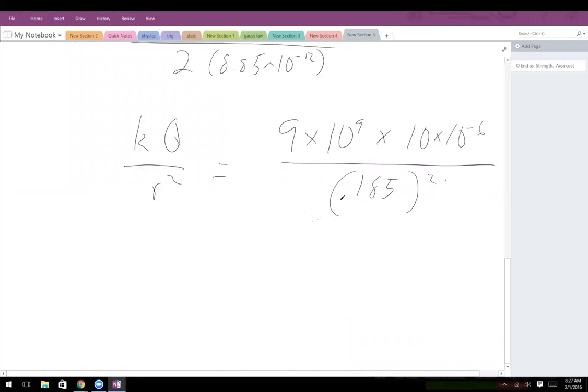This is all just 10 to the 4th if you stack all those together. So 9 divided by that thing squared.